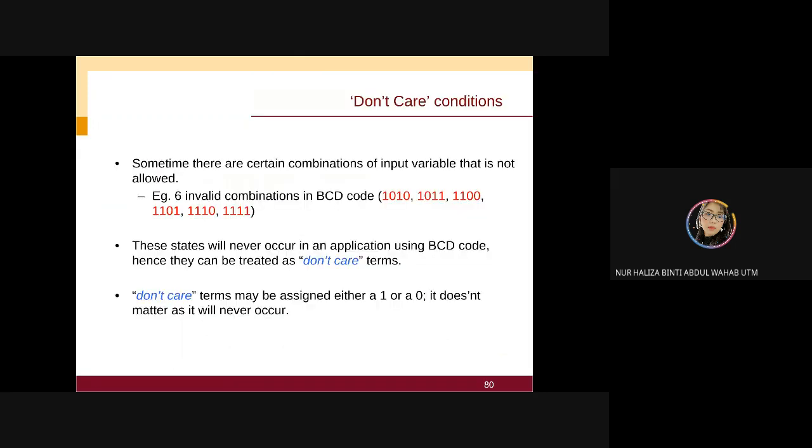Next, you can also have the don't care. What is the don't care? Don't care, you're going to put at the input of invalid BCD. So what is the invalid BCD?